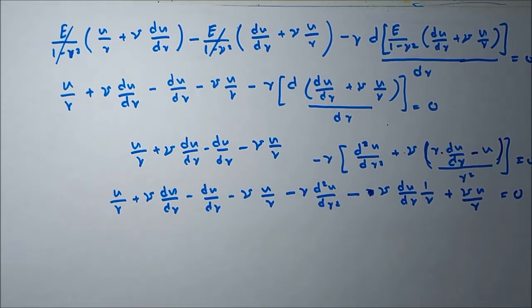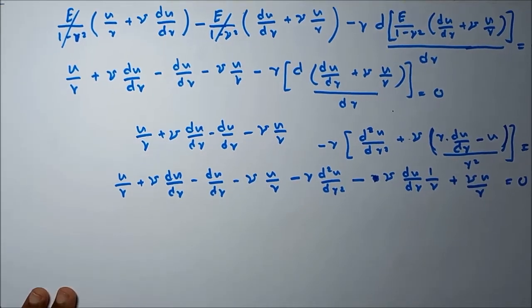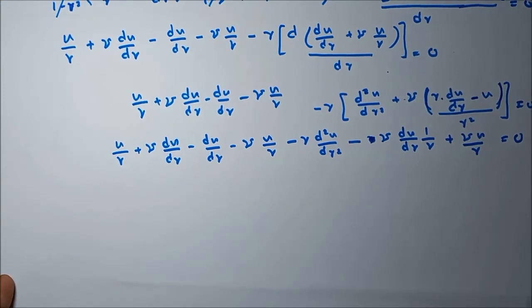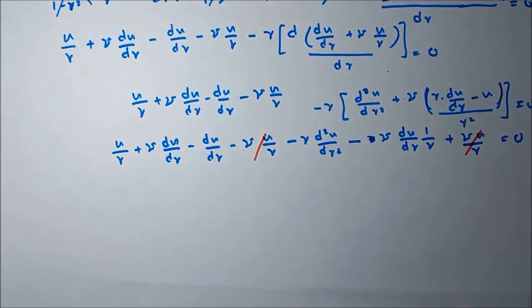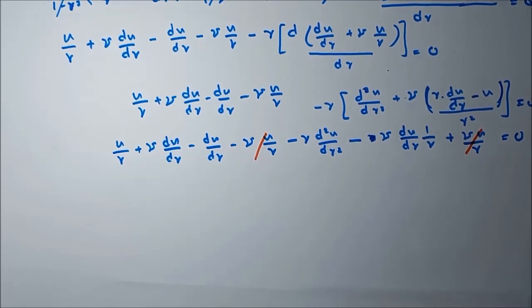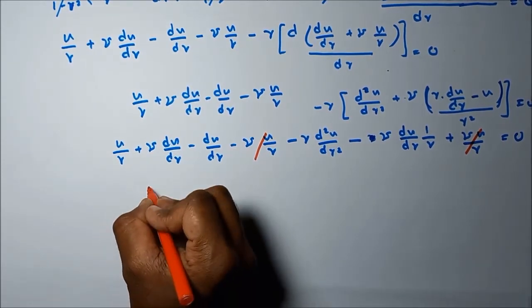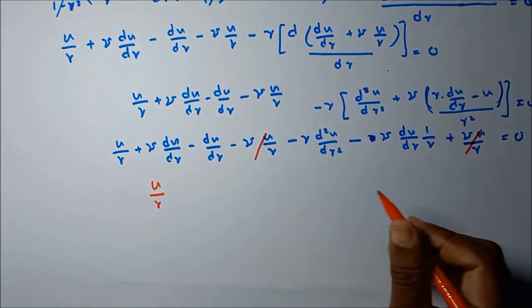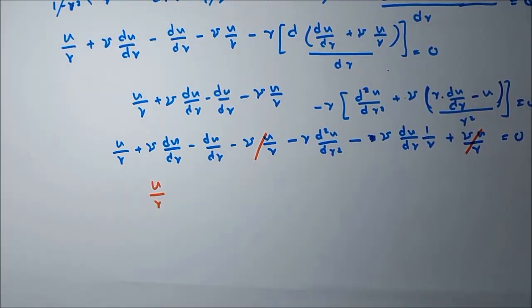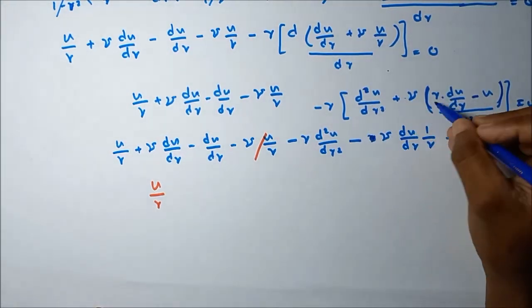Okay, so then we can further simplify this one. We can cut this one, no? We can cut this one. Then the u divided by r. Then again, here there's an r square, no?